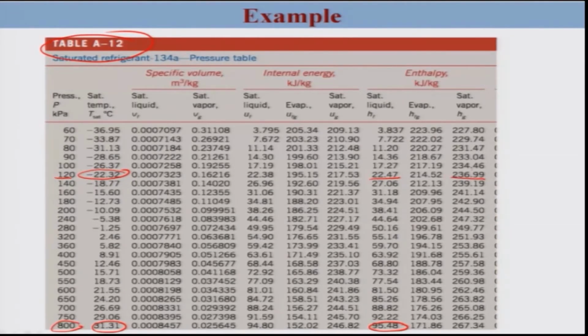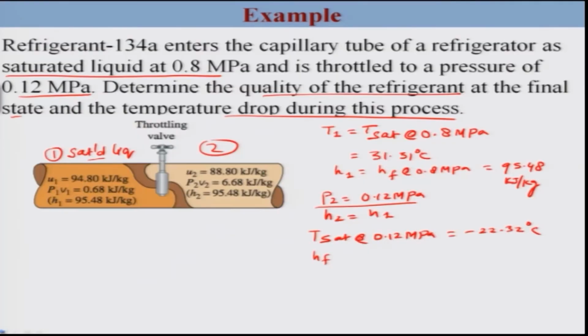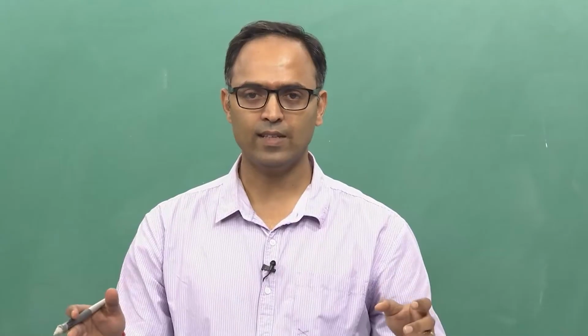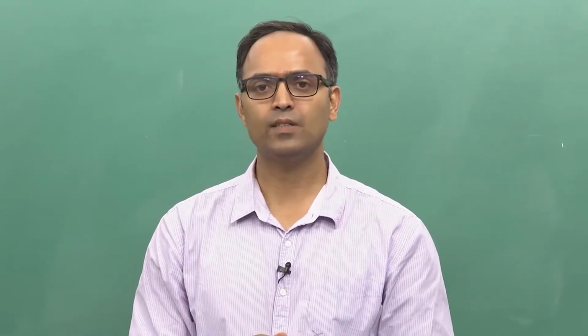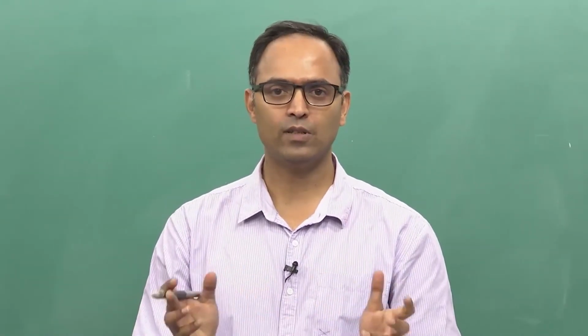Since H is constant and H1 is 95.48, this means it lies between these 2 points. As I said, Hf is 22.47 and Hg is 236.99. So our H2, which is nothing but H1, is greater than Hf and less than Hg at 0.12 megapascal, which essentially means that since H lies between the fluid and the gas enthalpies, the state at exit would be saturated liquid-vapor conditions.